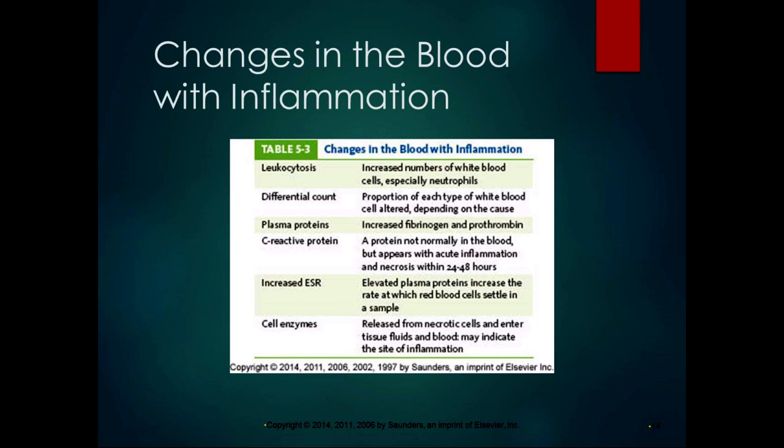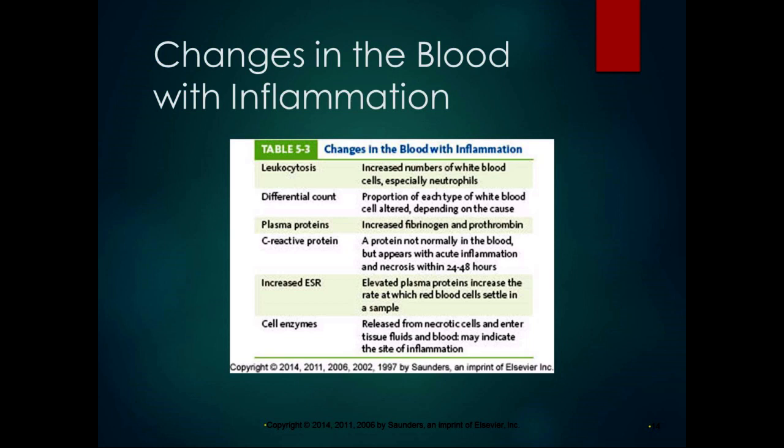So if we have inflammation, we have elevated plasma proteins and an increased erythrocyte sedimentation rate. That's one of the things they can test for right away. If it's not obvious that there's inflammation going on, an increased ESR can indicate that there's an inflammatory process going on in the body.